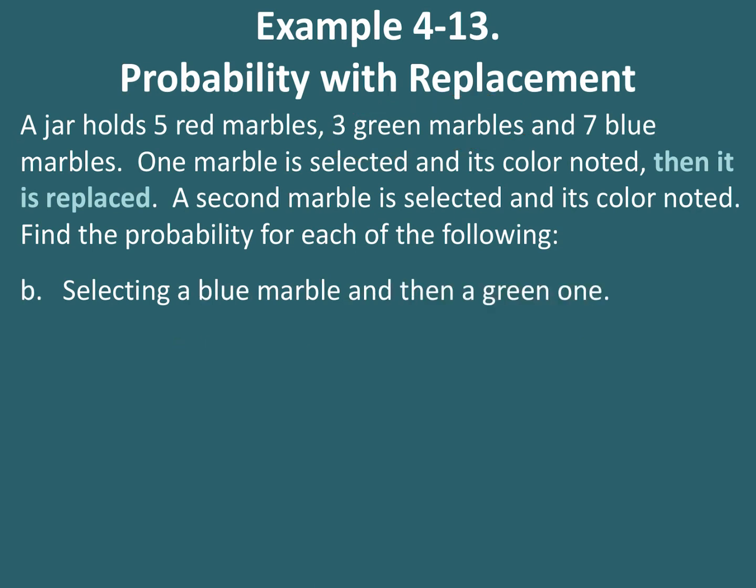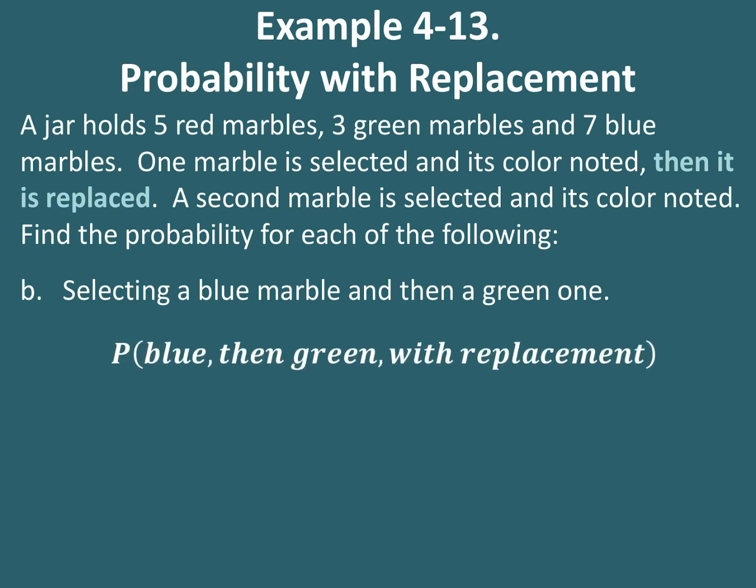The probability of selecting a blue marble, then a green one now. So once again, we notice that if we select a blue marble, it's going to be out of 15, and in particular, 7 out of 15. With this marble out of the jar, there are now only 14 marbles in the jar.